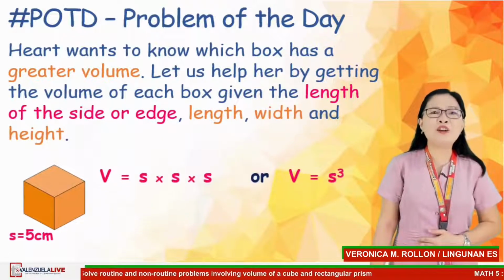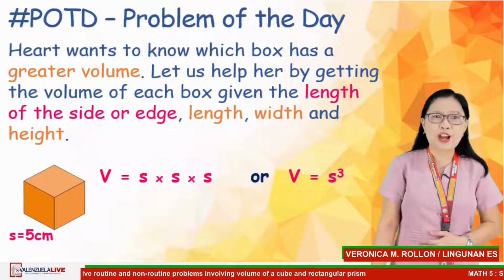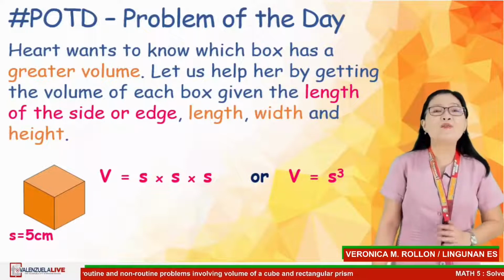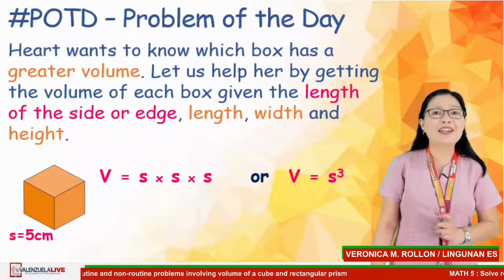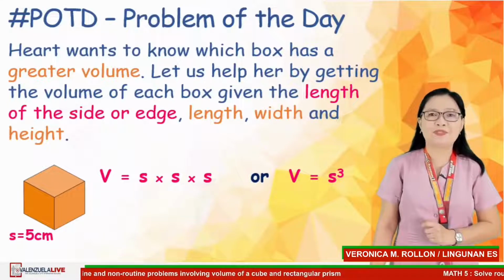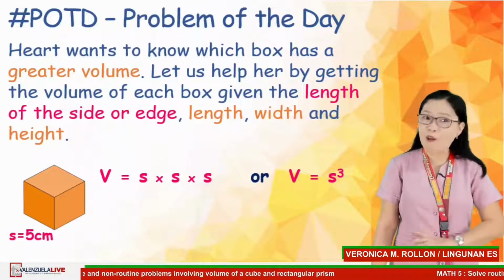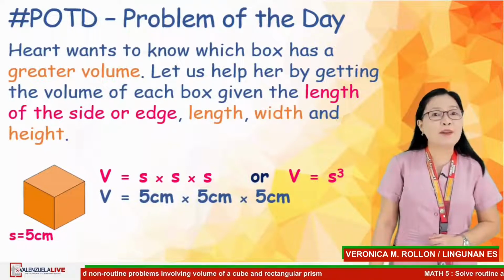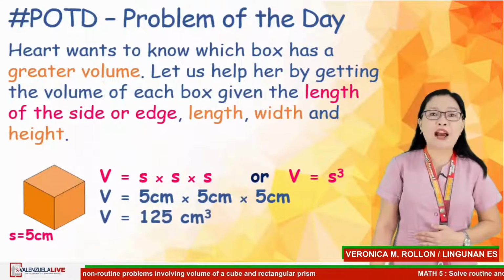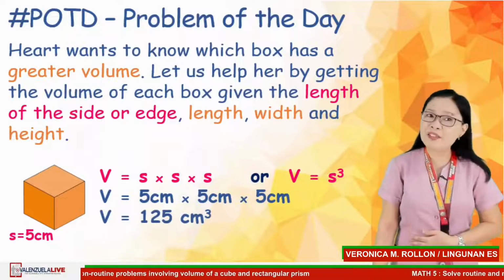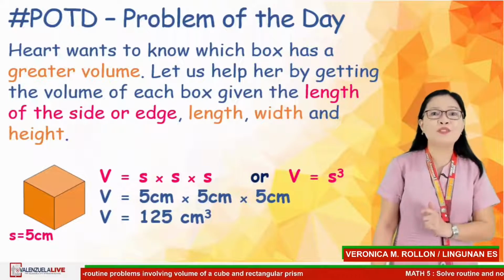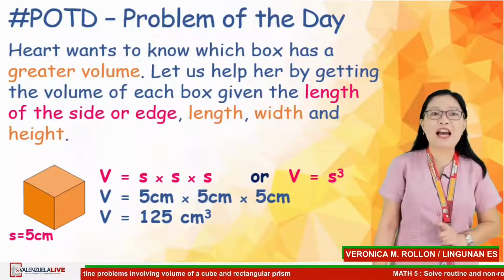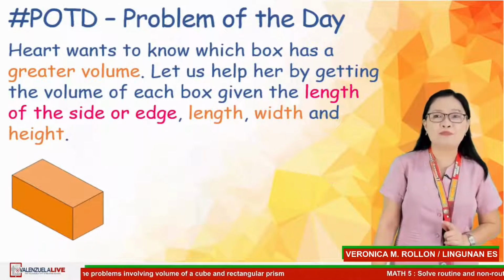If we're going to solve for the volume of a cube, you get this by multiplying side times side times side, or s to the 3rd power, or s cubed. Now, let's substitute. 5 centimeters times 5 centimeters times 5 centimeters is equivalent to 125 cubic centimeters. So this is the volume of box A.